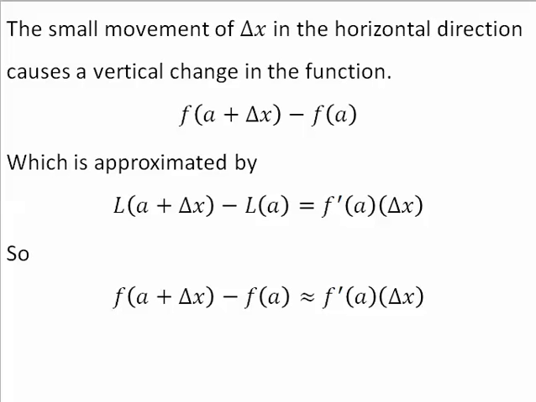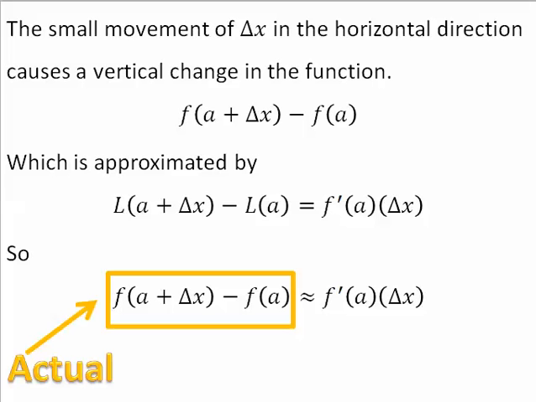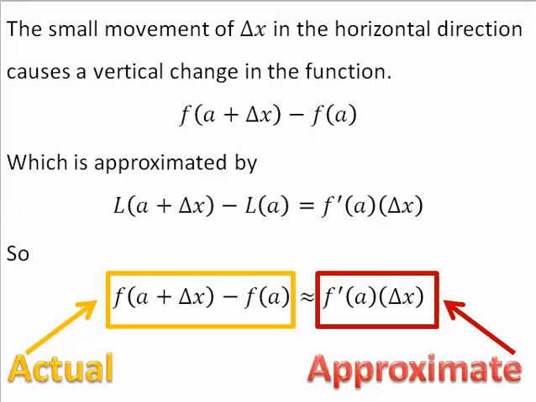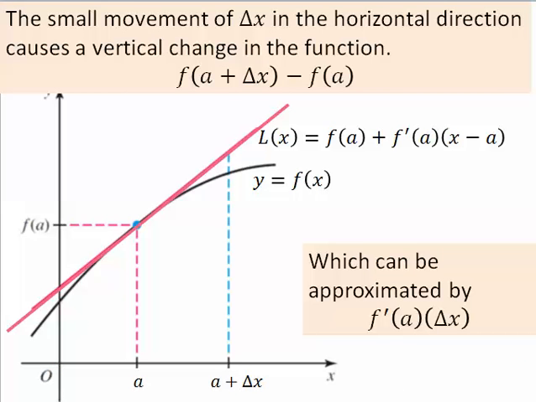So we've got our actual change and our approximate change that we found using linear approximations. So we have a small movement of delta x in the horizontal direction causing a vertical change in the function, which can be approximated by f prime of A delta x.